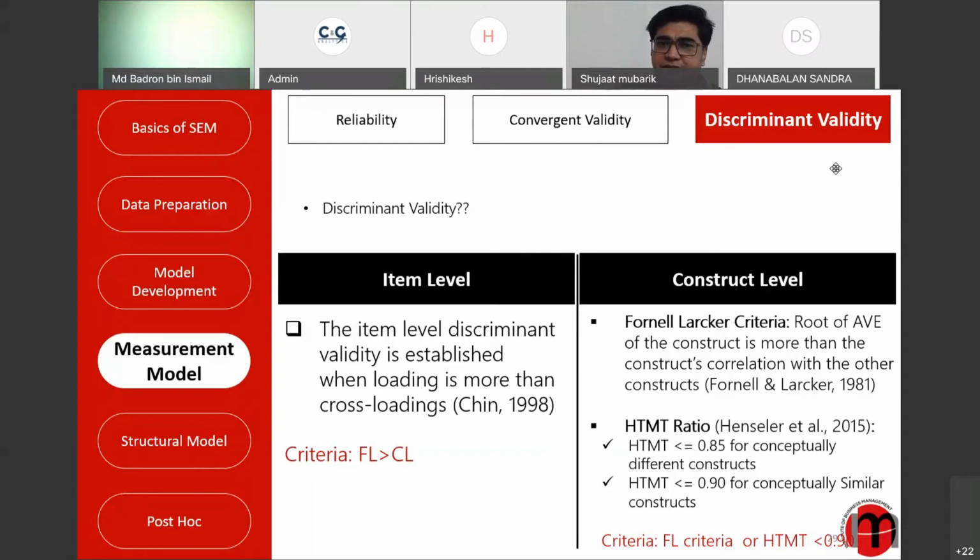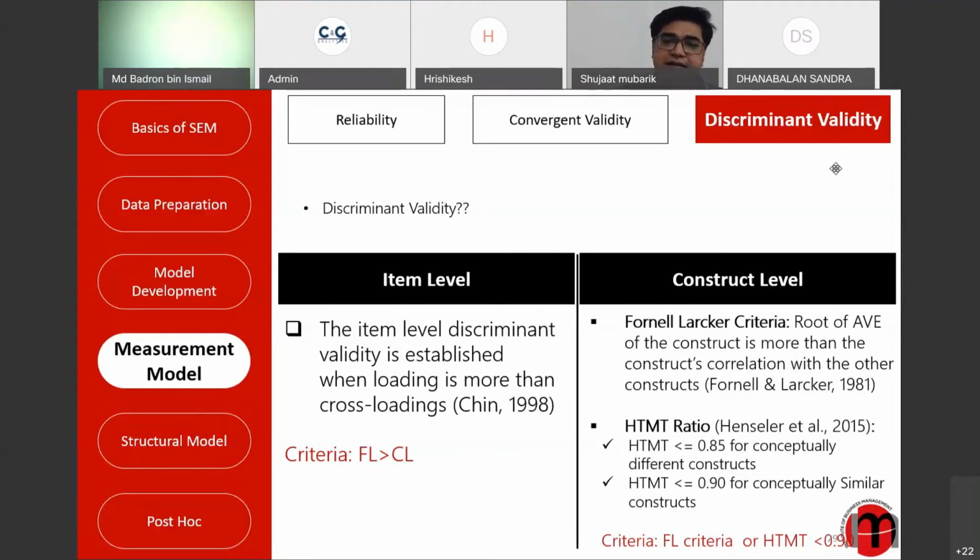Now, how much a construct is linked with the other construct is shown by the inter-construct correlations. So obviously the relationship of a construct with its items should be higher as compared to the inter-construct correlation. So the parameter of the Fornell-Larcker criterion is that the square-rooted values of AVE should be higher than the inter-construct correlation. So this is the Fornell-Larcker criterion for the construct level.